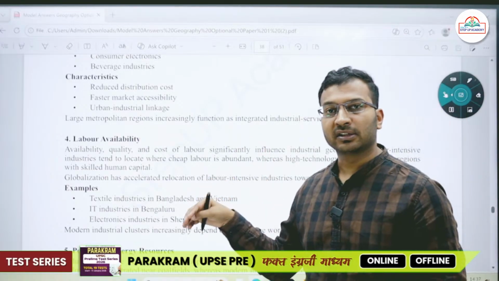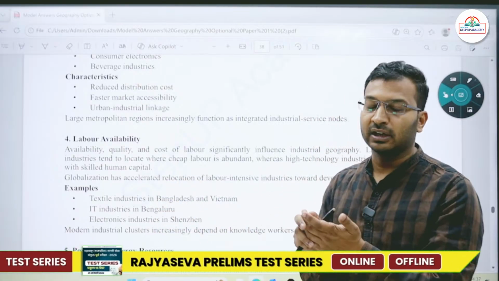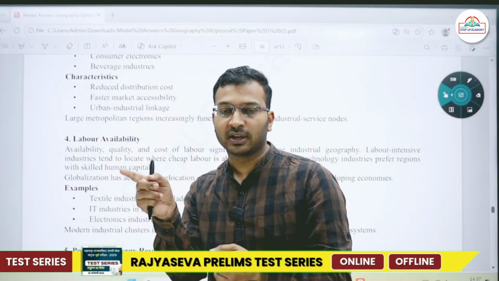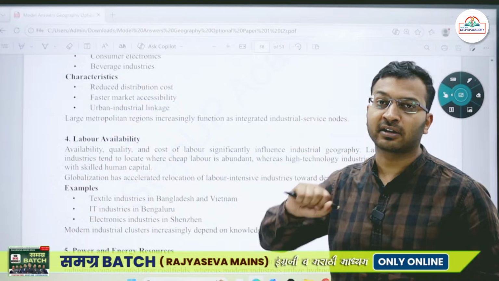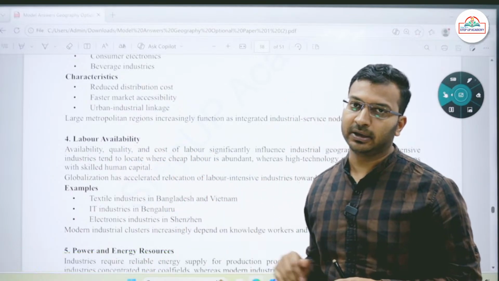Then some industries are completely dependent upon human labor skill, or a little bit of school-level education, where people are skilled in handcrafts. Depending upon the labor availability, the industries will be located there.